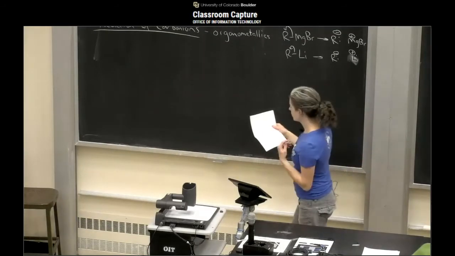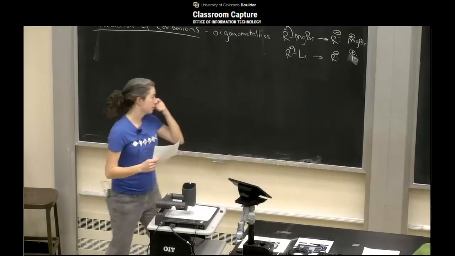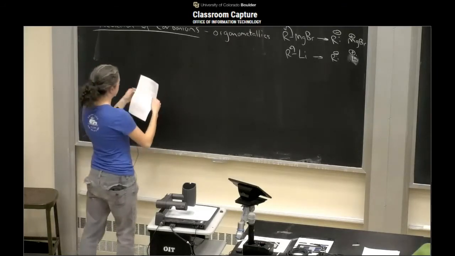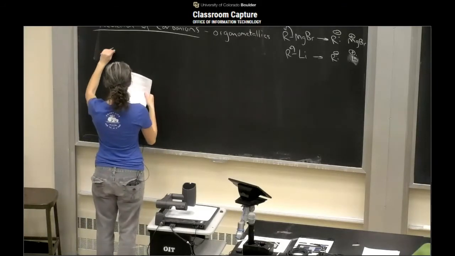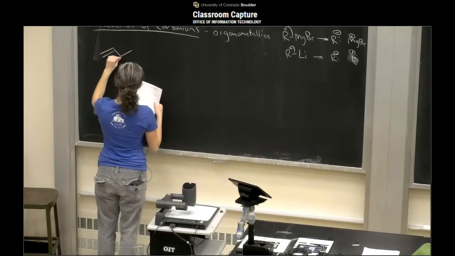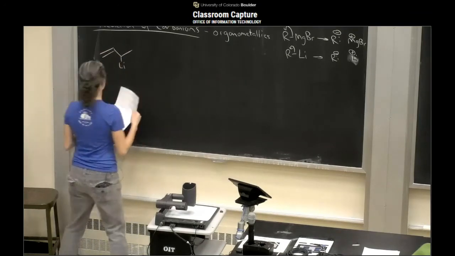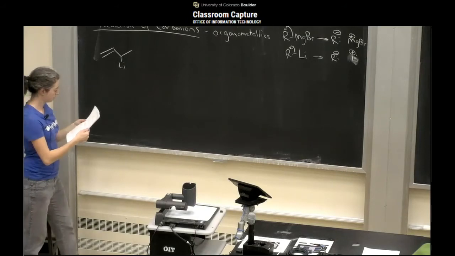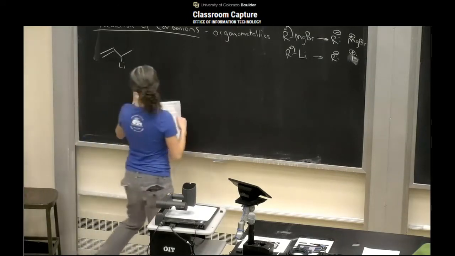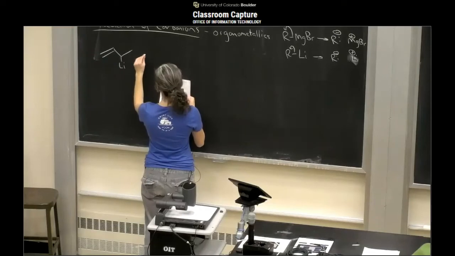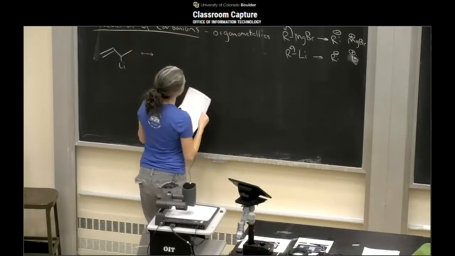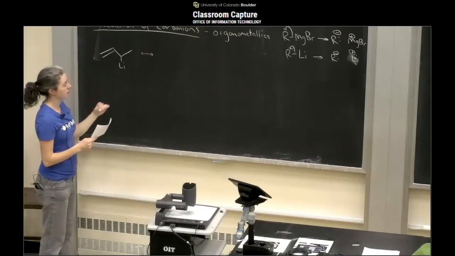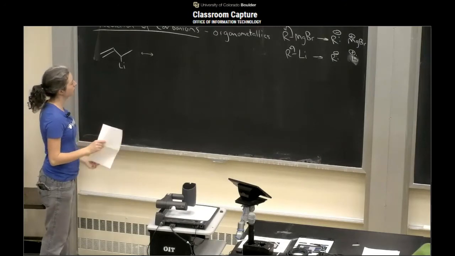Okay, so how this looks for allylic stuff is, say we're looking at an organolithium that's in the allylic position here. We know that we can draw this as, and whether we show this as radical or as an actual reaction step is a little bit up in the air.